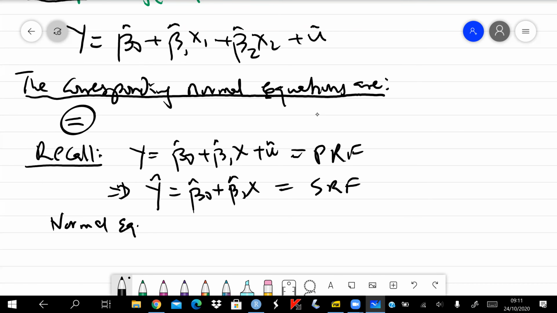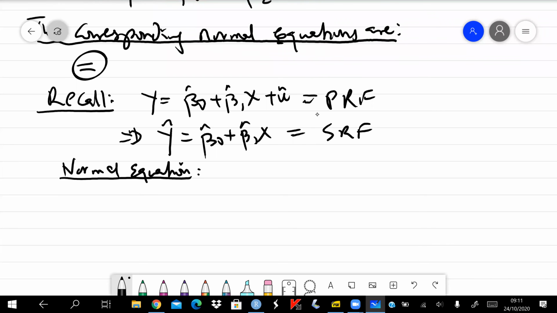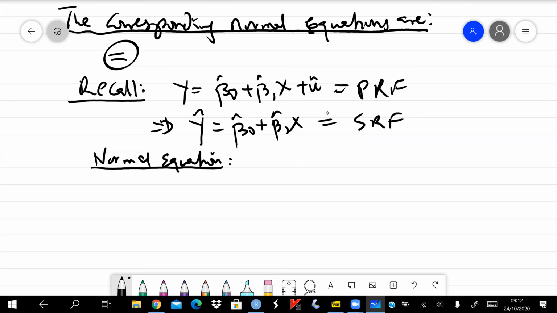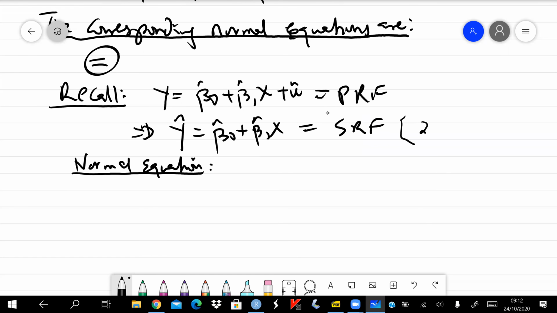So the normal equations, I know we obtained them using differentiation, but now this is a quick way of knowing how the normal equations come out. When you have two variables in your model, in this case x and y, you will end up with two normal equations.